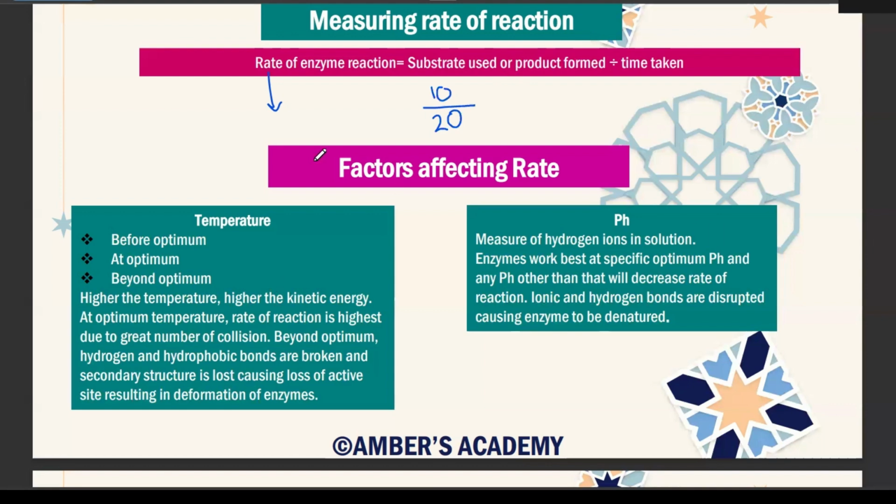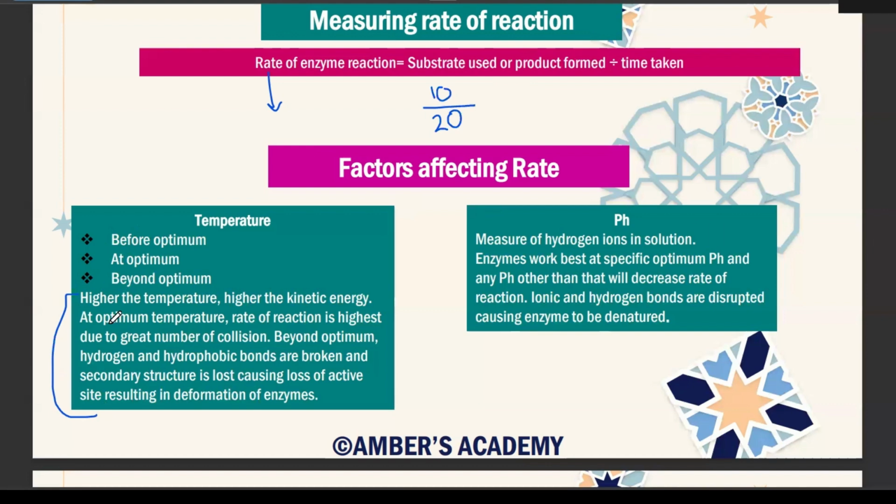Okay, so this is also an important question: factors affecting rate. It's temperature and pH. For temperature, you have three categories: before optimum, at optimum, and beyond optimum. So higher the temperature, higher is the kinetic energy. You need to know this complete information, and it's better if you write this one because I've extracted this directly from your marking scheme.